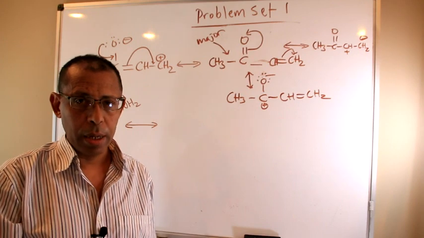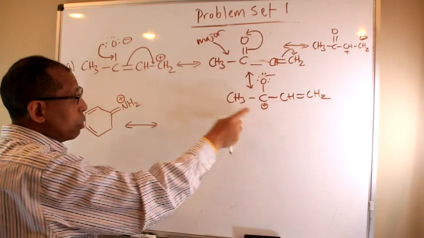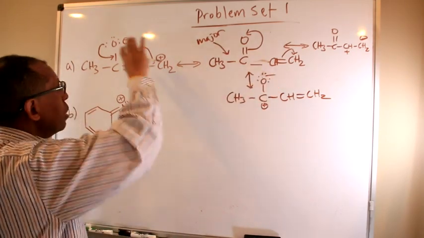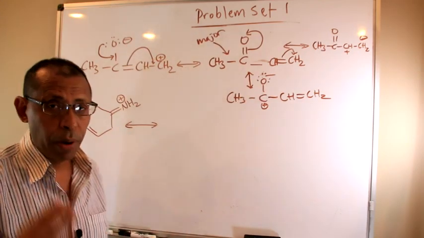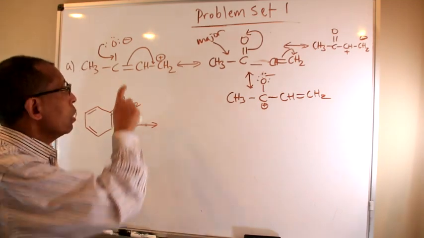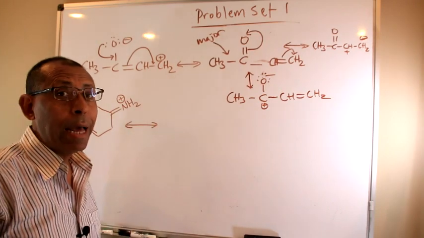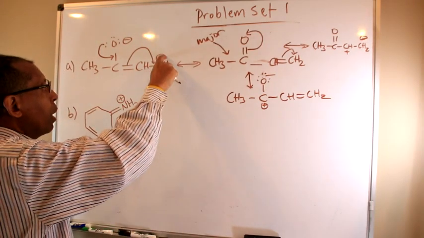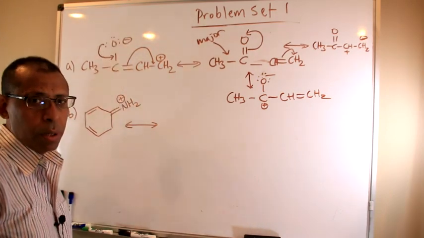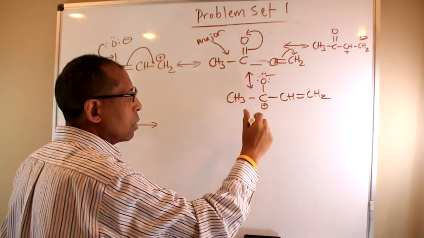That means it can carry a negative charge comfortably. So when we compare these two, the negative charge is on oxygen. That is fine. The only difference in these two is the charges are highly separated. That means the plus charge is 1 carbon, 2 carbon away from the oxygen. So this would be the next major.